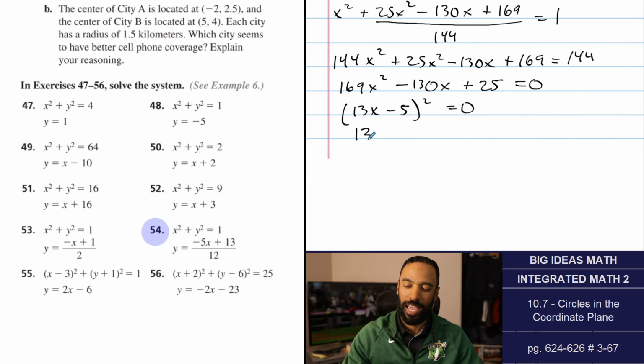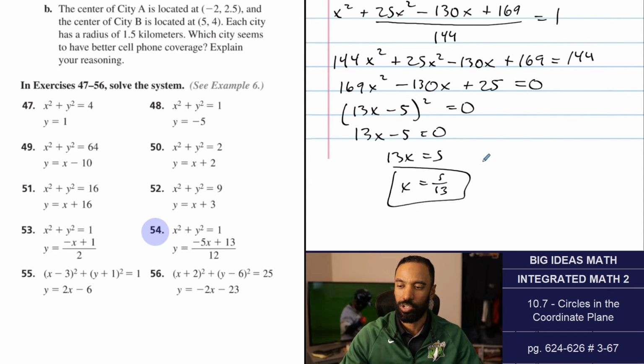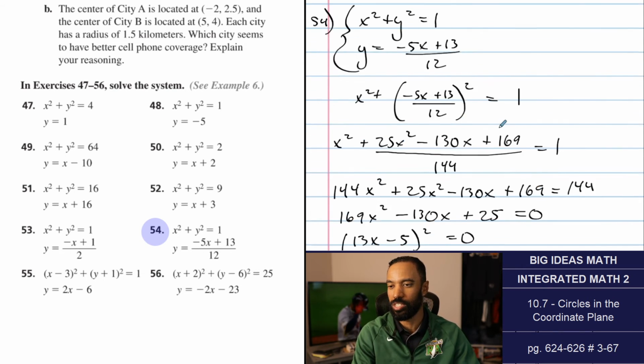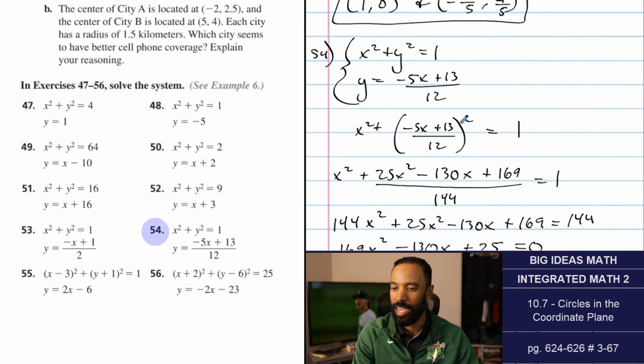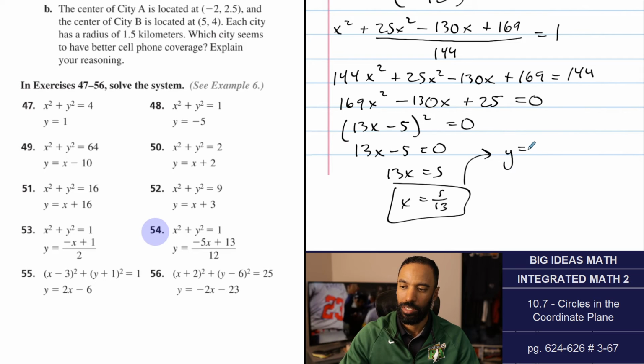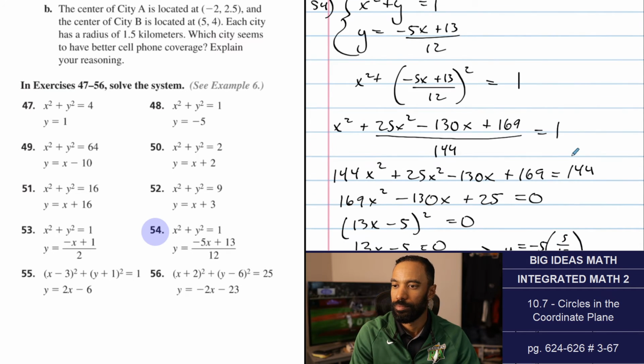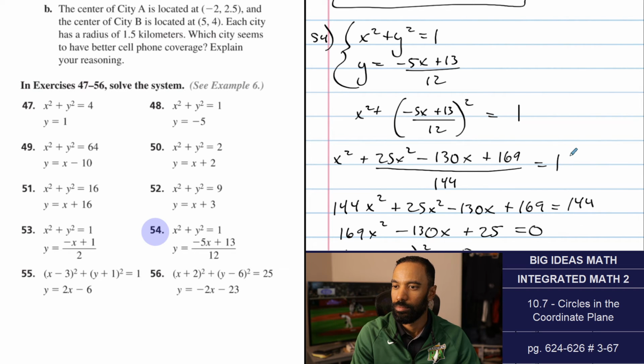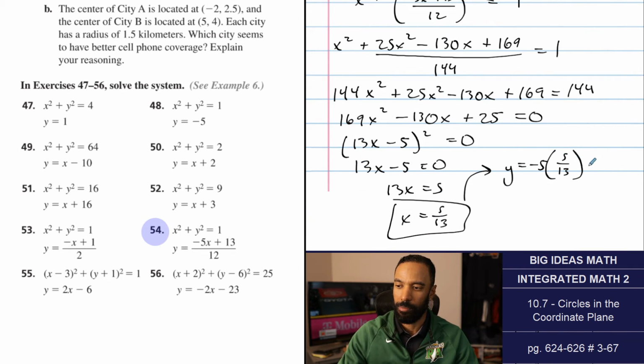So 13x minus 5 equals 0, or 13x equals 5, x is 5/13. So there's an answer for x, or the solution to the system, with y being negative 5 times 5/13 plus 13 all divided by 12.